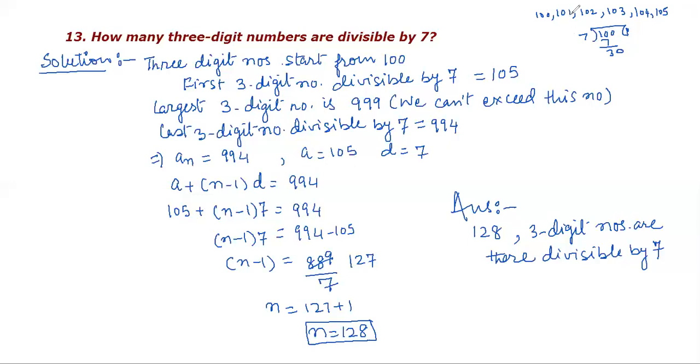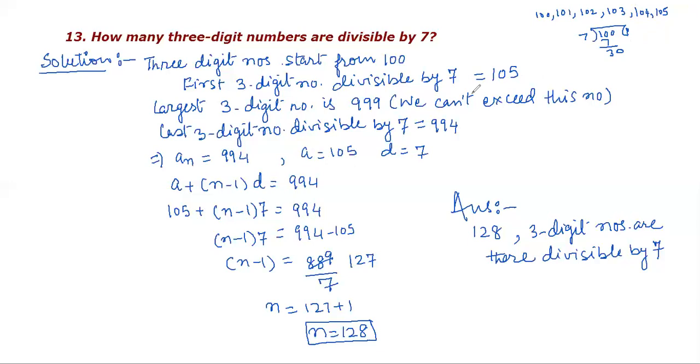Or you may move gradually, keep on increasing by 1, divide, check, divide by 7. If it is divisible, it is fine. If it is not, take the next number. So the first number which is divisible by 7 is 105.